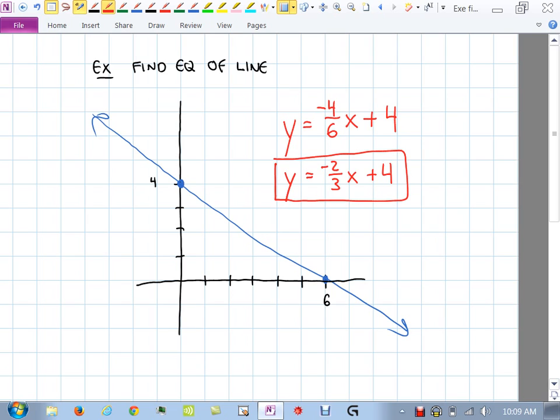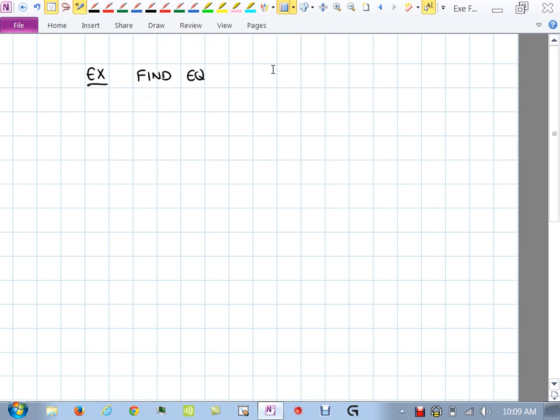All right. Try this one. Find the equation. Well, I can't draw a straight line for my life.